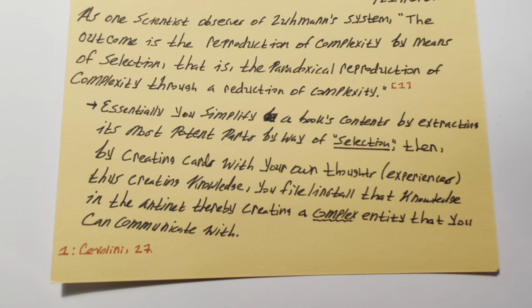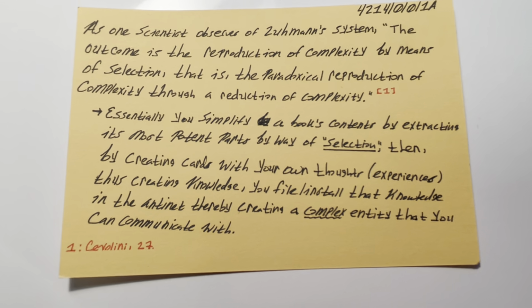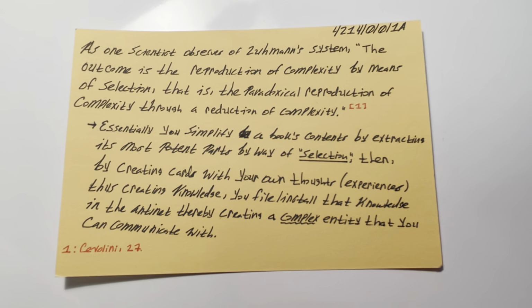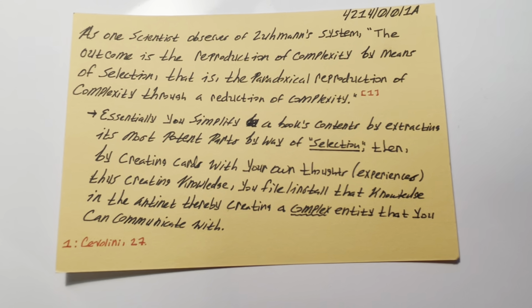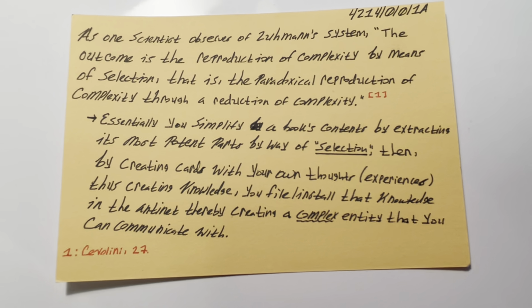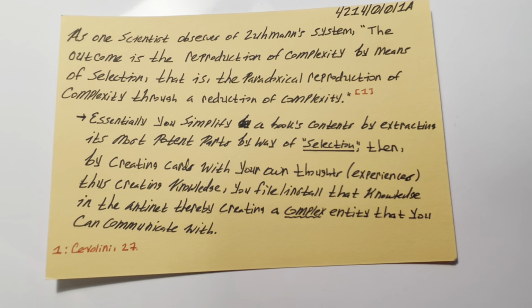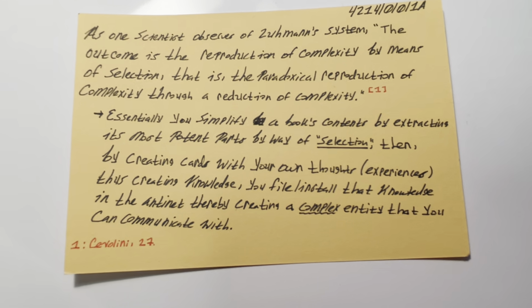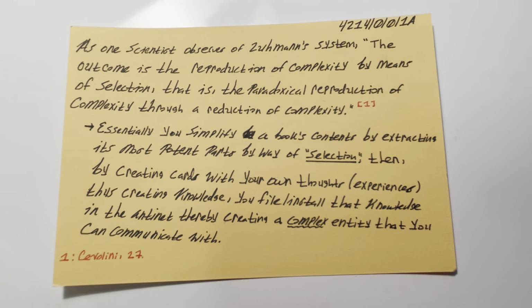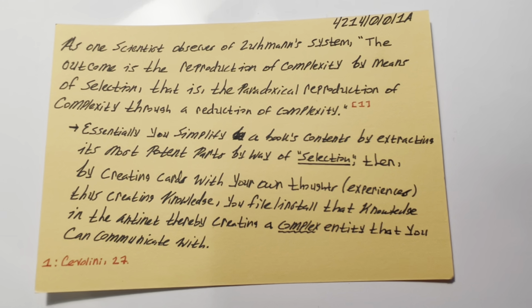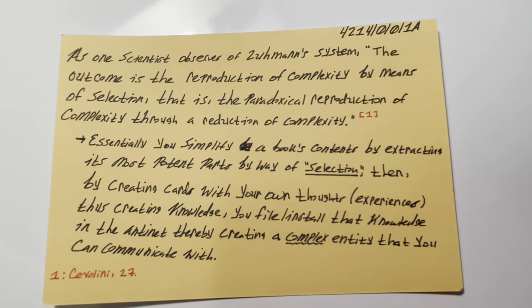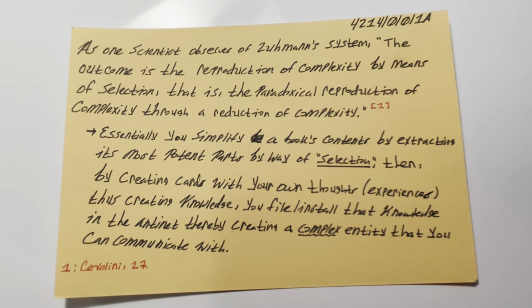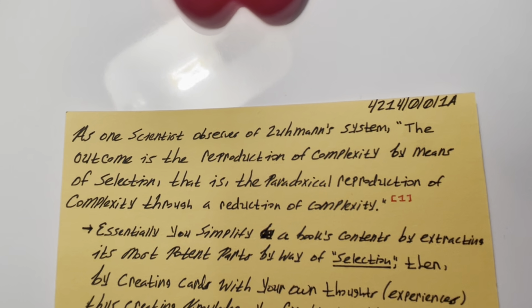You see the little arrow, it says, essentially you simplify a book's contents by extracting its most potent parts by way of selection. Then, by creating cards with your own thoughts, aka experiences, thus creating knowledge, you file and install that knowledge in the anti-net, thereby creating a complex entity that you can communicate with. So this explains the quote.